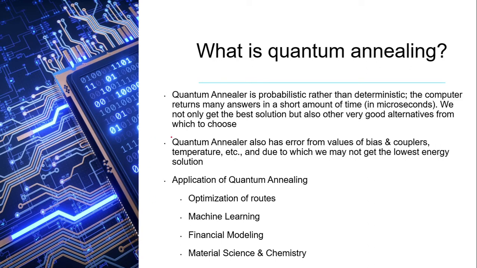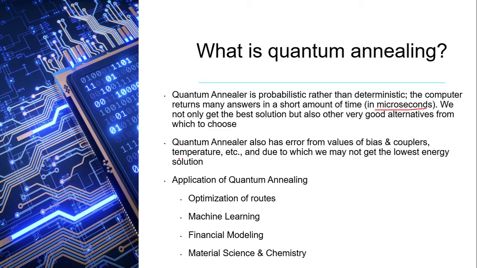Moving further, quantum annealer is probabilistic rather than deterministic, again like a gate model computer. The computer returns many answers in a short amount of time, in microseconds. We not only get the best solution, but also other very good alternatives from which we can choose, based on the situation. Quantum annealer also has error. It's not totally free from error. It has error in terms of values of bias and couplers, which you will learn in the next slide.